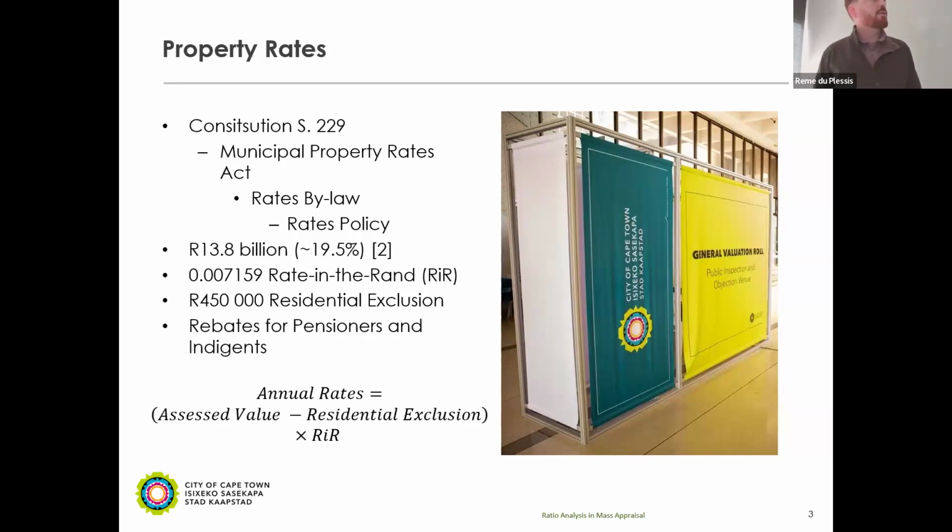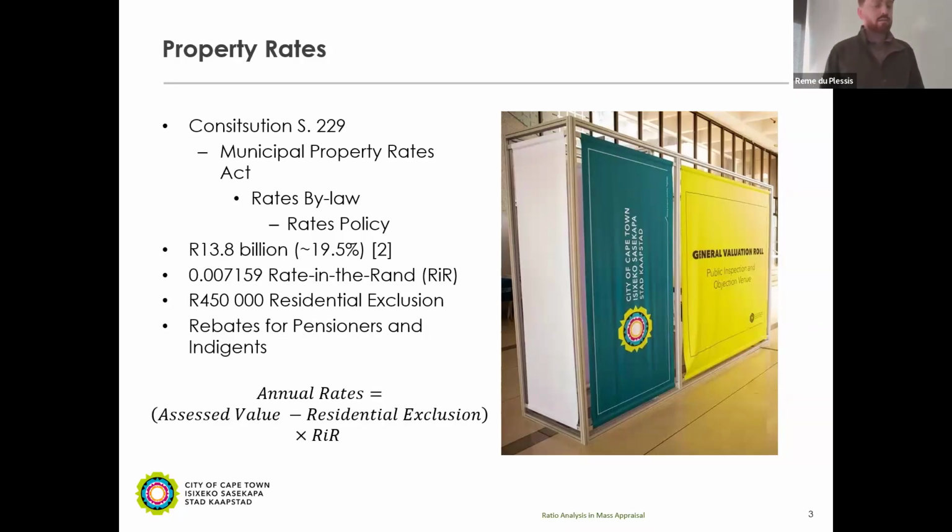And then we have rebates for pensioners and indigents, social grants recipients, etc., so as not to overburden them. And we have a residential exclusion. So by national law, the first 15,000 Rand of your property is not taxed under property rates. The City of Cape Town gives an extra 435,000 Rand that is untaxed.